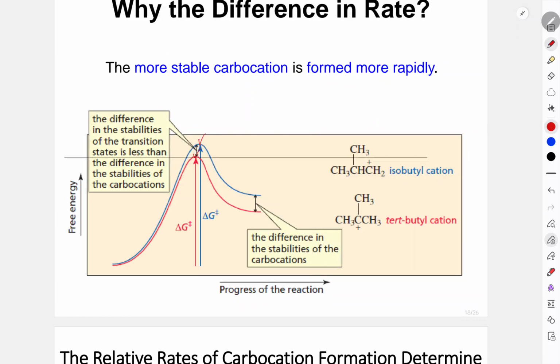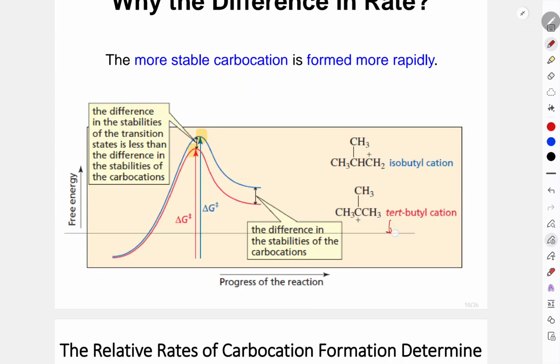And now you can link the stability and the energetics of the transition state. The red has to be lower in energy compared to the blue if you compare the apex, the top of the mountain, because the intermediate state, this tertiary carbocation, is more stable than the blue. Applying the Hammond postulate, you can guesstimate the top position for red is also sitting below the top position of the blue.